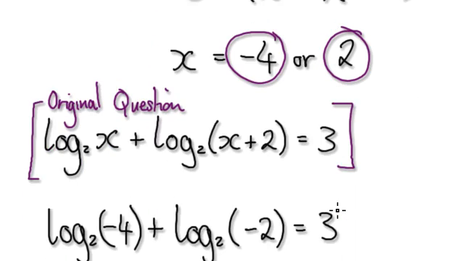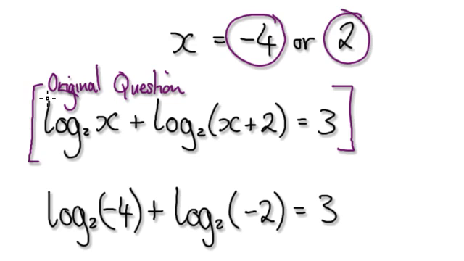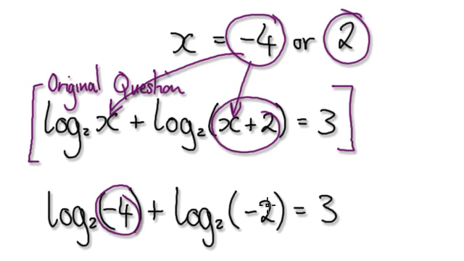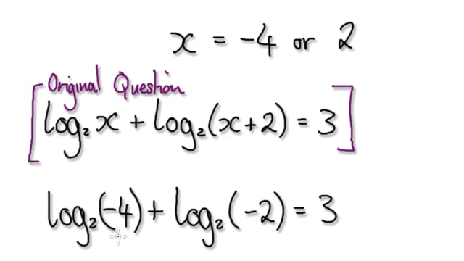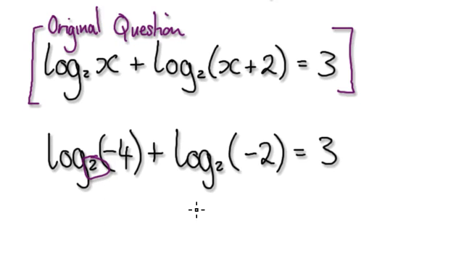But then looking at the original question here is this here. If you put negative 4 into here, it breaks down. Negative 4, and then if you put negative 4 in here, this thing here will become negative 2. So here you can't really log of a negative number, because base 2 is like you saying 2 to the power of what will give us negative 4.